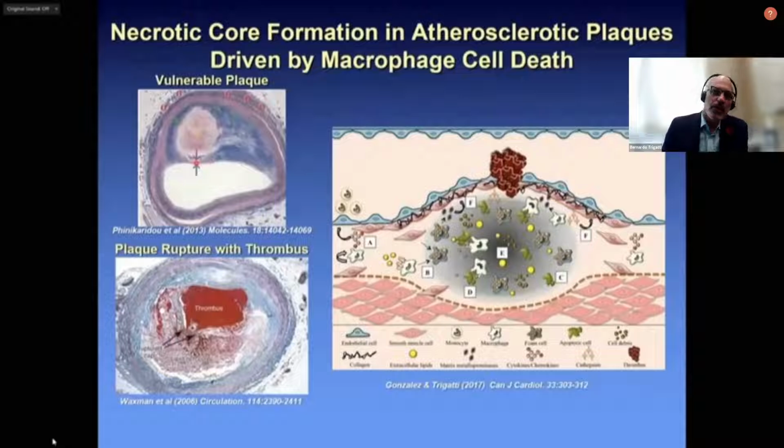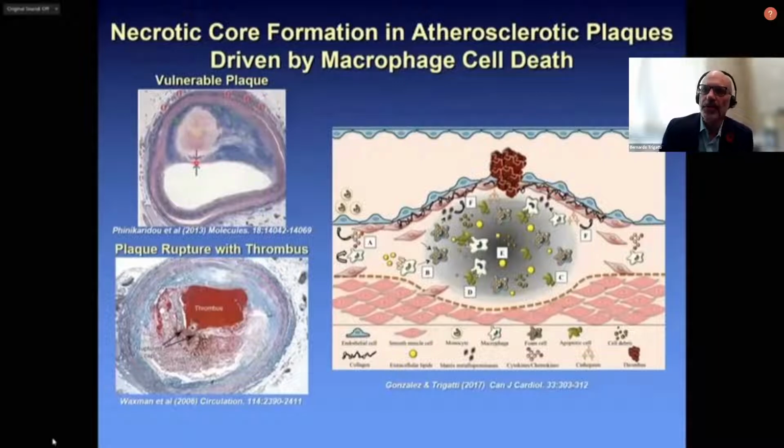Now, our interests in HDL signaling stem from our interest in the role of HDL in affecting macrophage responses during atherosclerosis development.